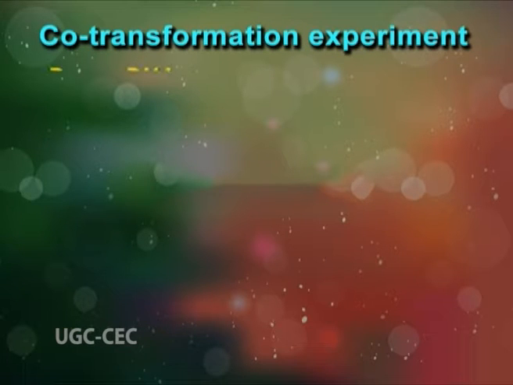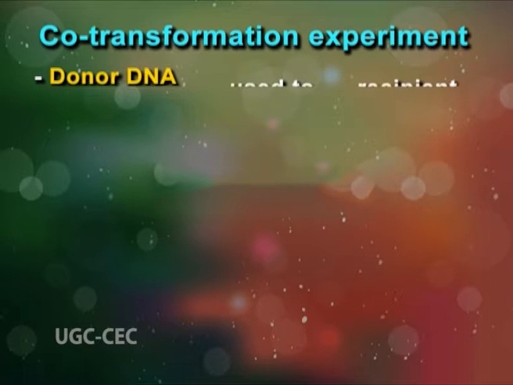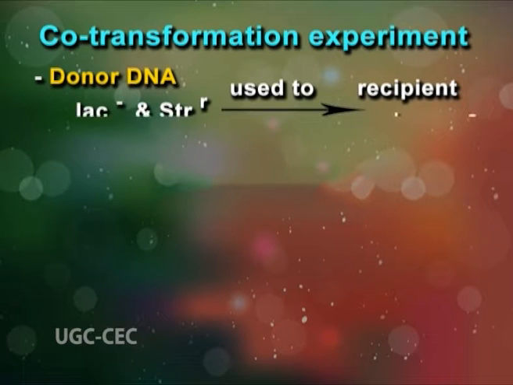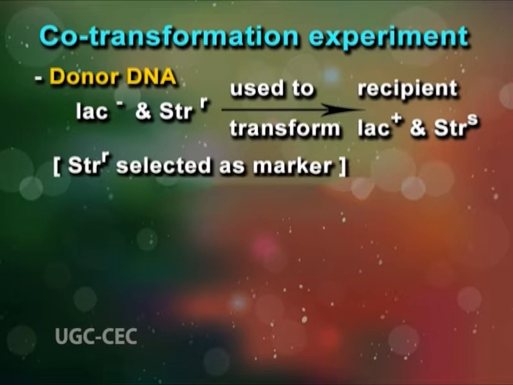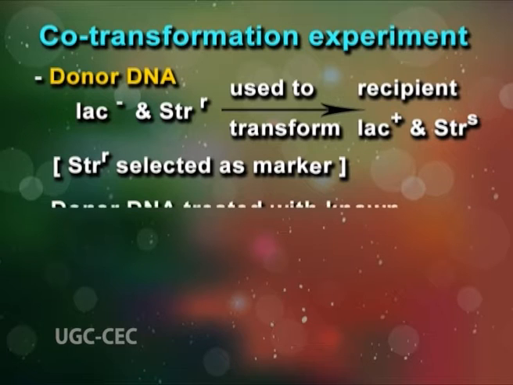This can be achieved by a co-transformation experiment. For instance, if the DNA from a donor strain is Lac negative and streptomycin resistant and is used to transform a Lac positive and streptomycin sensitive recipient, using streptomycin resistance as the selected marker, some of the streptomycin resistant cells would also be Lac negative.